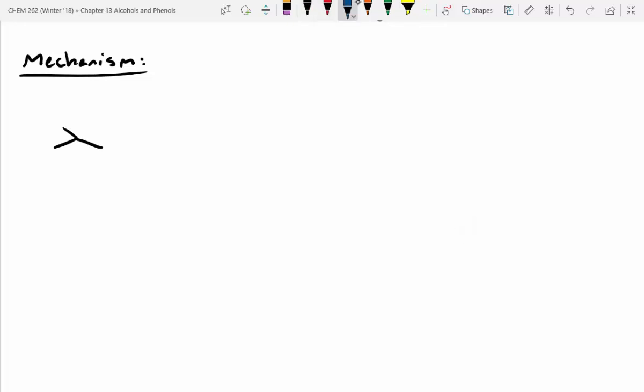This time, I'll name it, right? And we've got chromic acid. When you mix these two together, you end up with an equilibrium reaction, and you generate something known as a chromate ester.